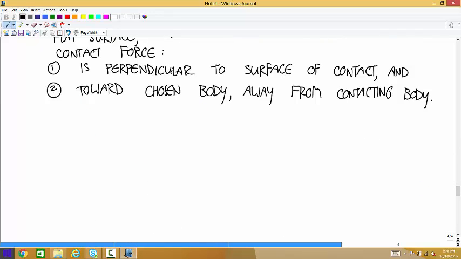Okay, so let me do an example. So let's say you have an object on wheels. Let's say the mass is 20 kilograms.